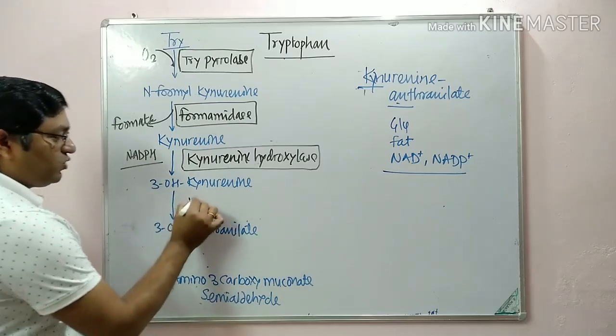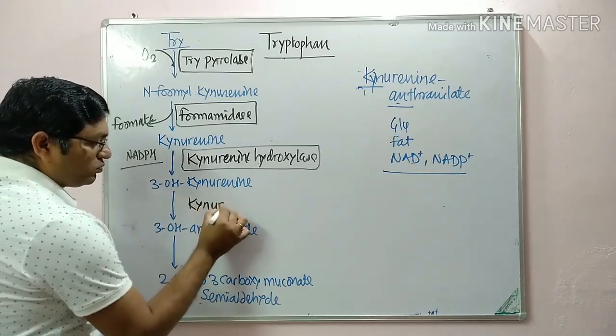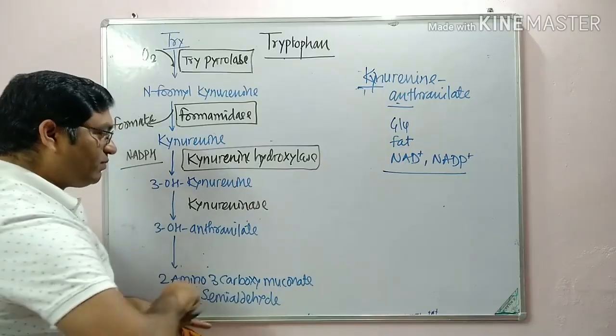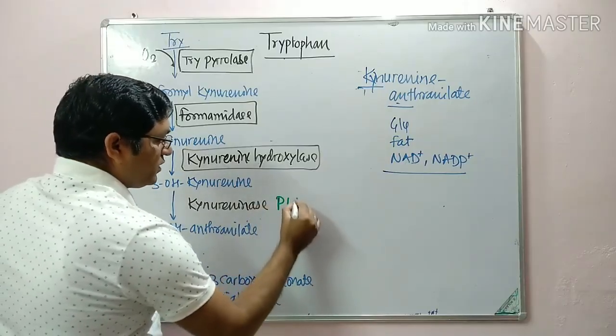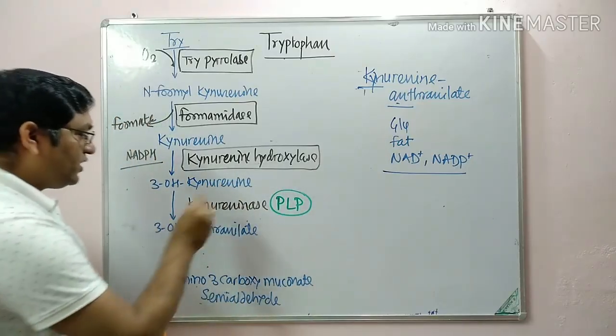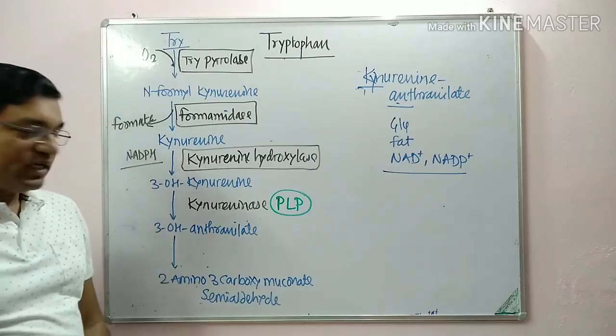And with the help of kynureninase, which is a PLP dependent, pyridoxal phosphate dependent enzyme, there is conversion of kynurenine into anthranilate.